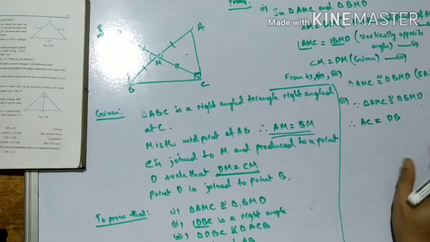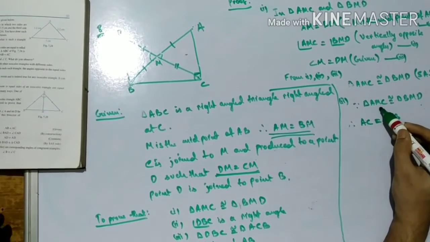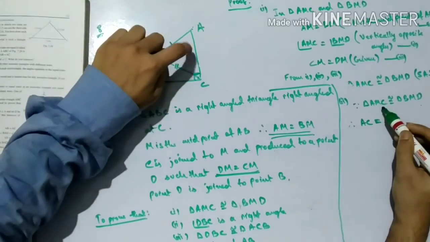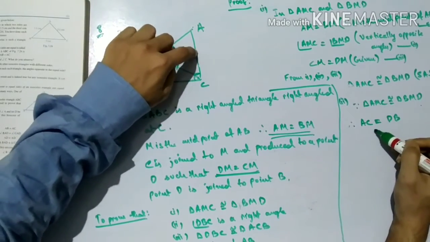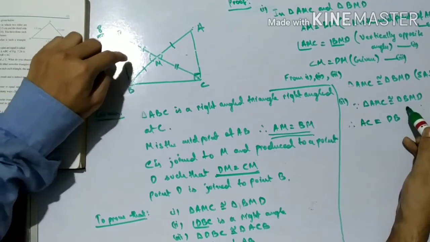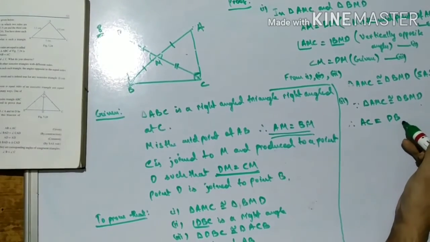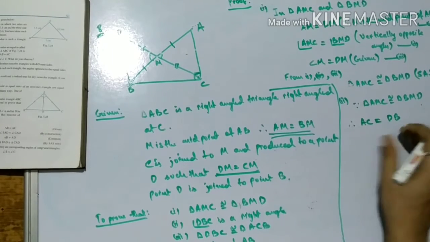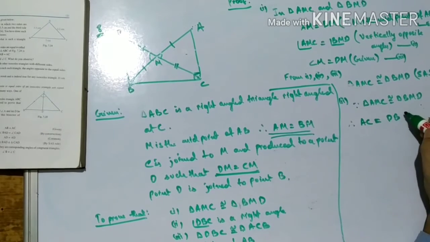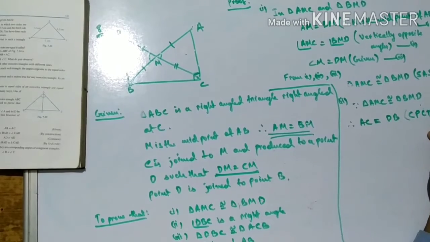No problem there, but since in here you have mentioned the AMC triangle first, therefore you write AC equals DB. This triangle this side equal to this triangle this side. In the note DB equal to AC given, no problem there, but if you write in this way then it is much better. This is your CPCT.